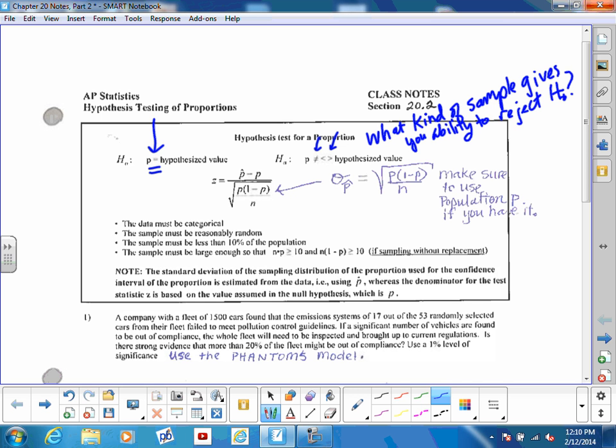So if you end up rejecting the null, is it because you got a value way too high, or you got a value way too low, or you got either one of them? Okay? All right. So that's what you're thinking of.